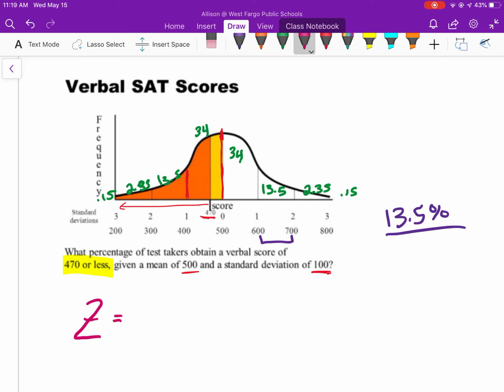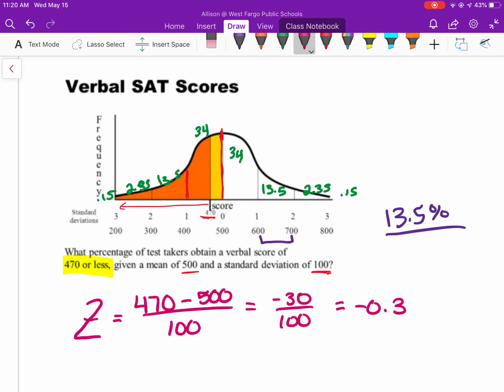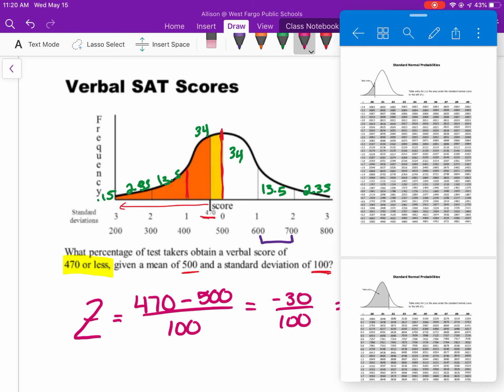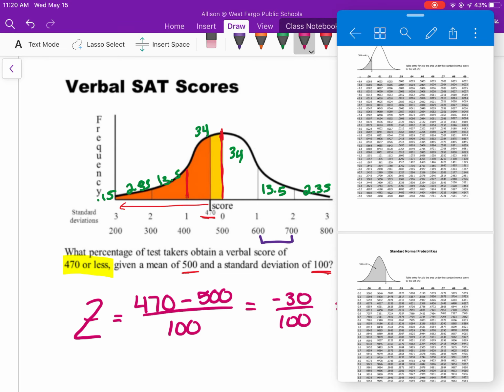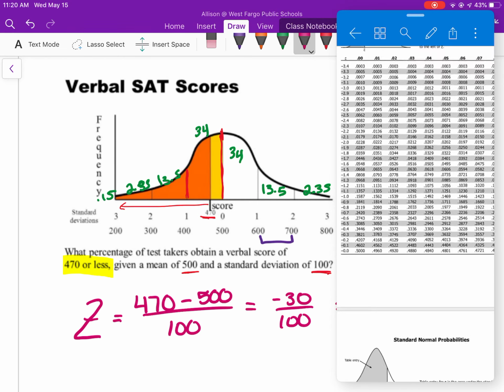So first find the z-score: you take the number 470 minus the average and then divide it by the standard deviation of 100. So that's going to be negative 30 divided by 100. So negative 30 hundredths is negative 0.30. Then I'm going to look at my z-score table, and I need to find negative 0.30.